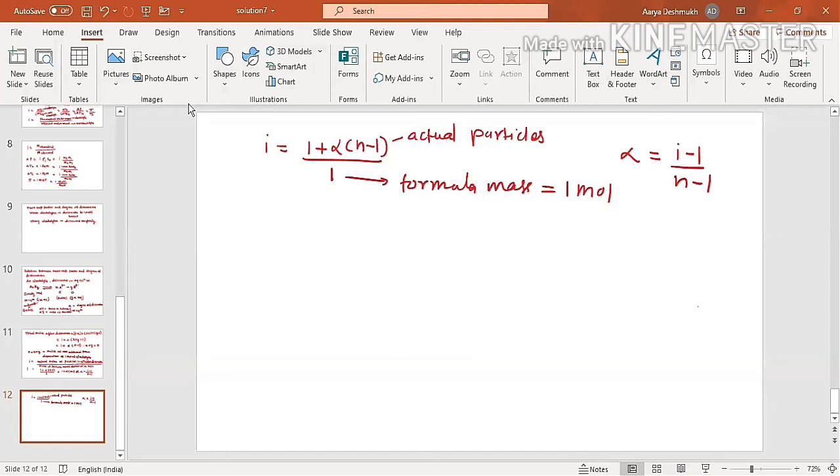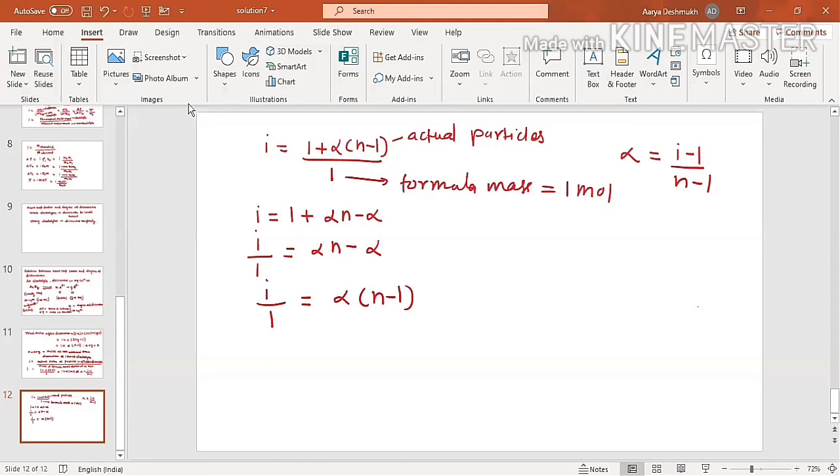So you can write i equals 1 plus alpha, solving this bracket, alpha n minus alpha. Next, bring i here: i upon 1 equals alpha n minus alpha. Now i upon 1 equals alpha into n minus 1, taking the common factor out.